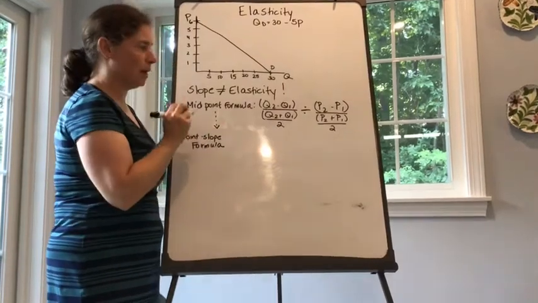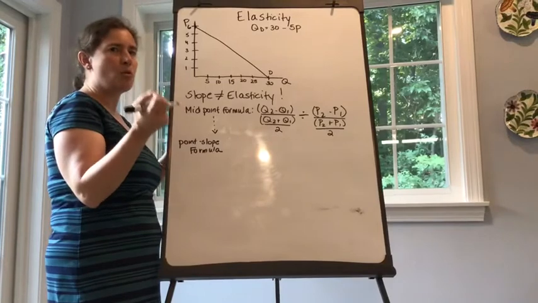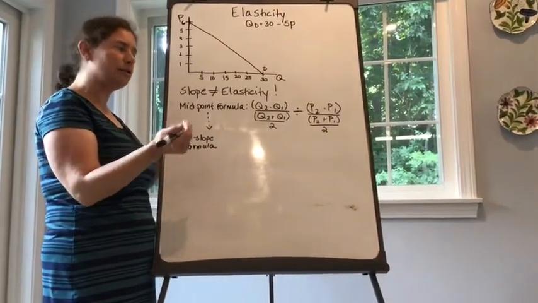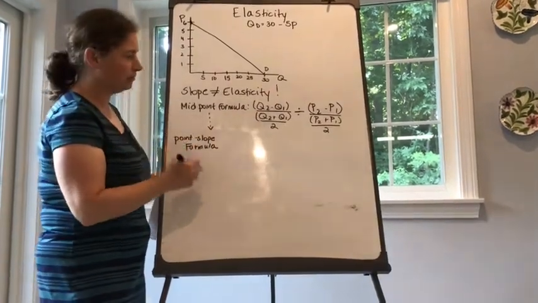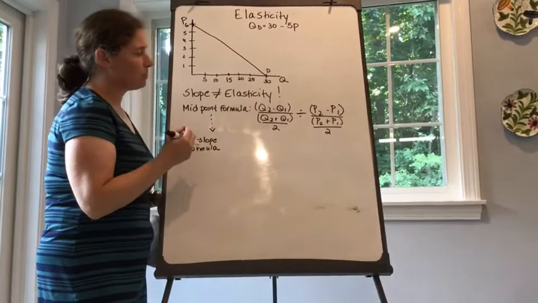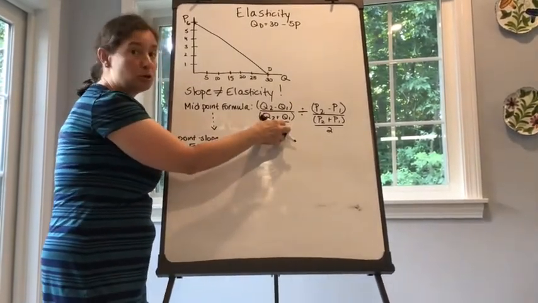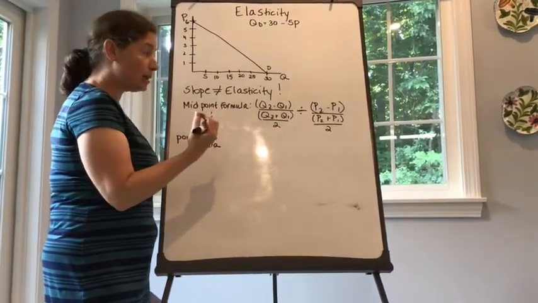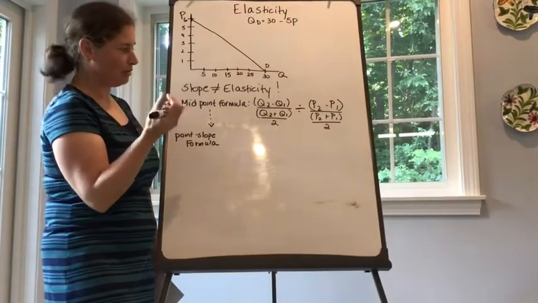P2 minus P1 is the change in price. We're looking at what happens as we move from one price-quantity combination to another, or from one point on the demand curve to another. That's in the numerator of each expression. In the denominator of each expression, we're calculating the average quantity. We sum up the two values, or the average price. We sum up the two prices, divide them by 2. That's giving us the midpoint, hence the name midpoint formula.